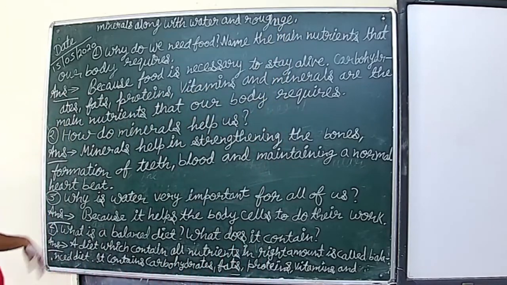Once again I will read all the answers. The first question is, why do we need food? Name the main nutrients that our body requires. The first answer is because food is necessary to stay alive.